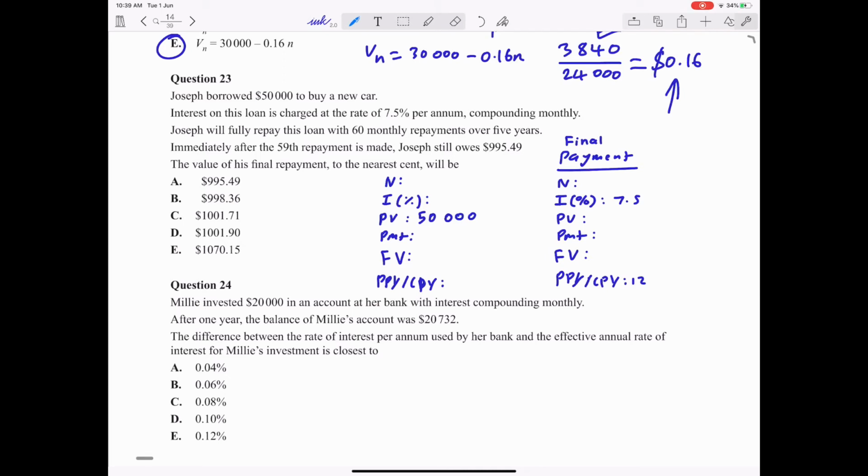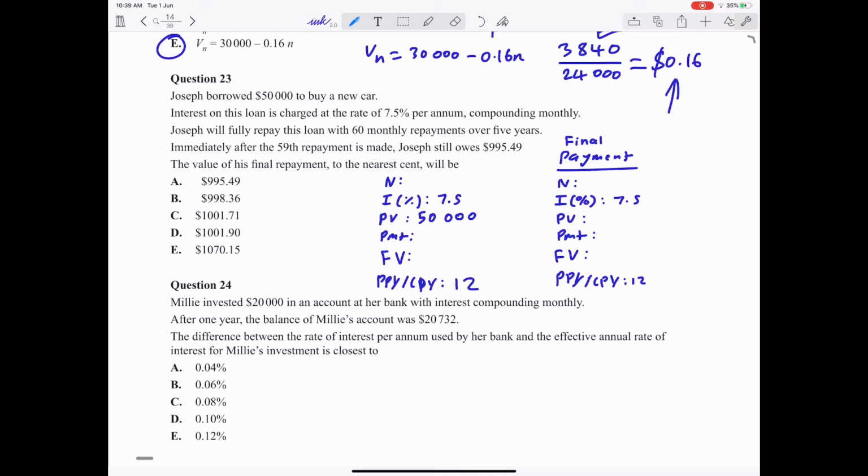Interest on the loan is charged at a rate of 7.5% per annum, so 7.5. Compounding monthly is 12. Joseph will fully repay this loan with 60 monthly repayments over 5 years, so that just tells you that the loan will last for 60 monthly repayments.